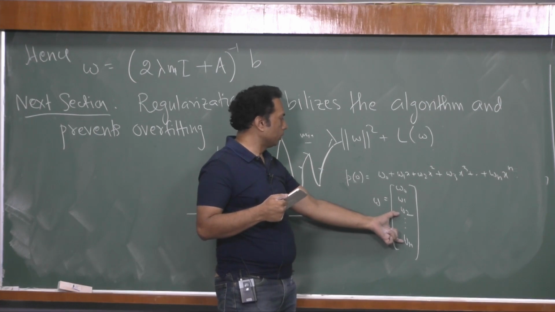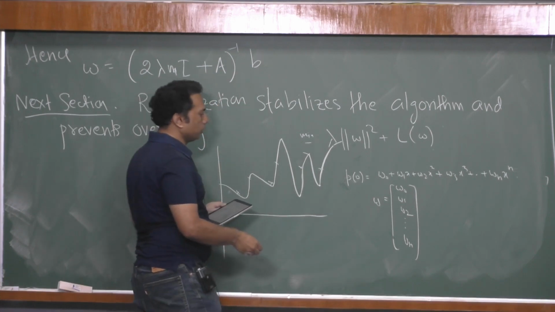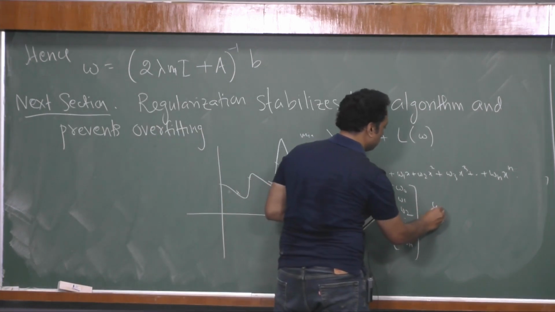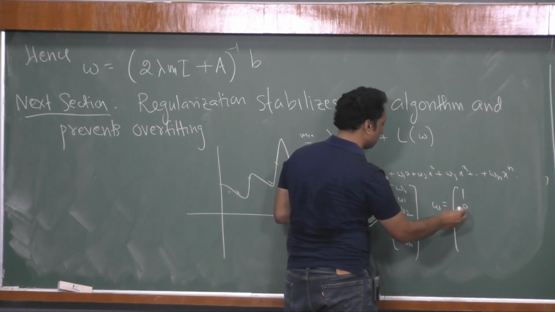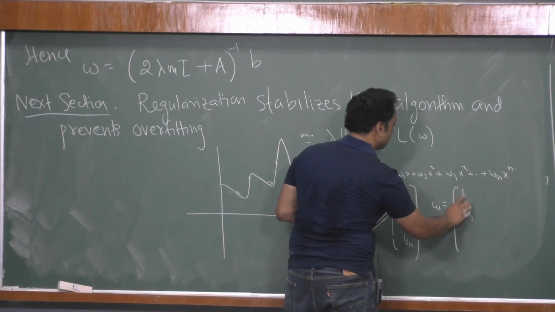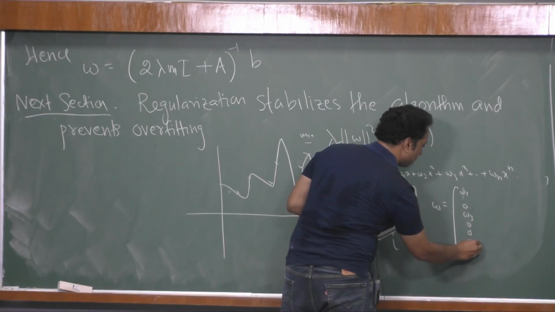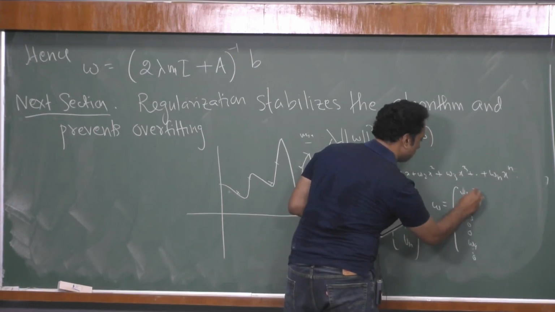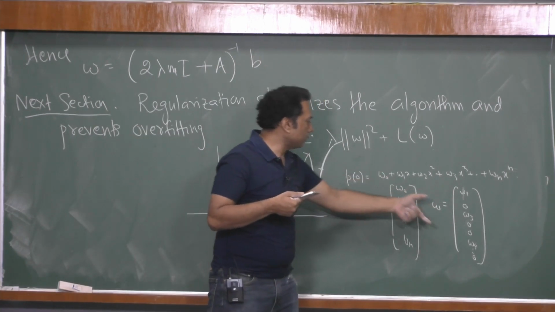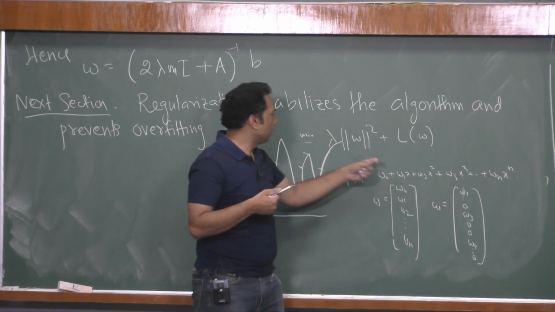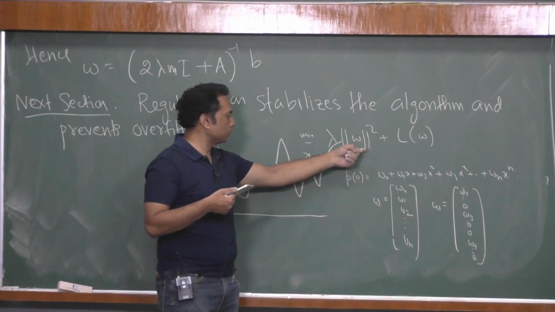In that case it will prefer to make W with some components 0, not all nonzero. So let us say W1, W3, then 0, 0, and then W4, and then 0 maybe, because it has the incentive now. If it keeps the others non-zero as well, the overall cost will be very high for the optimizer.